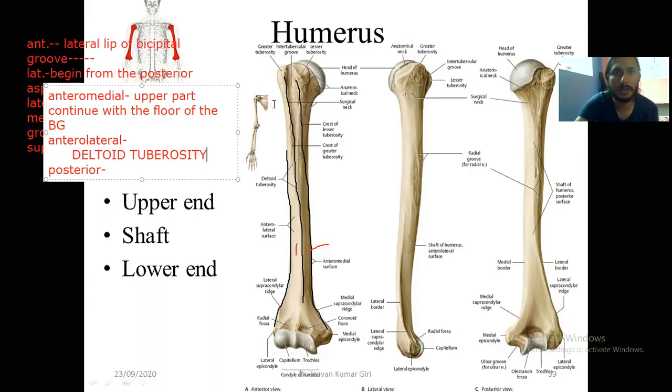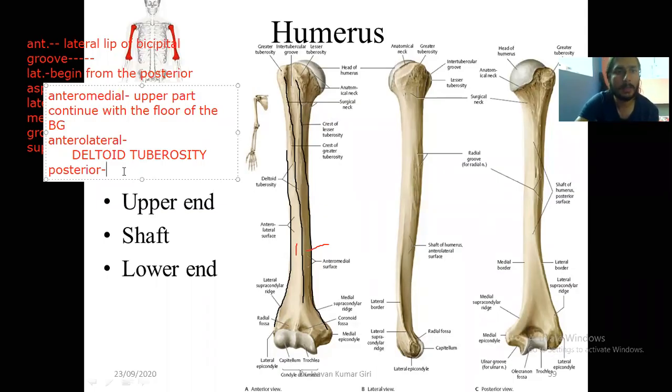The anterior border also forms the margin of the deltoid tuberosity. In this tuberosity there is the insertion of the deltoid muscle.